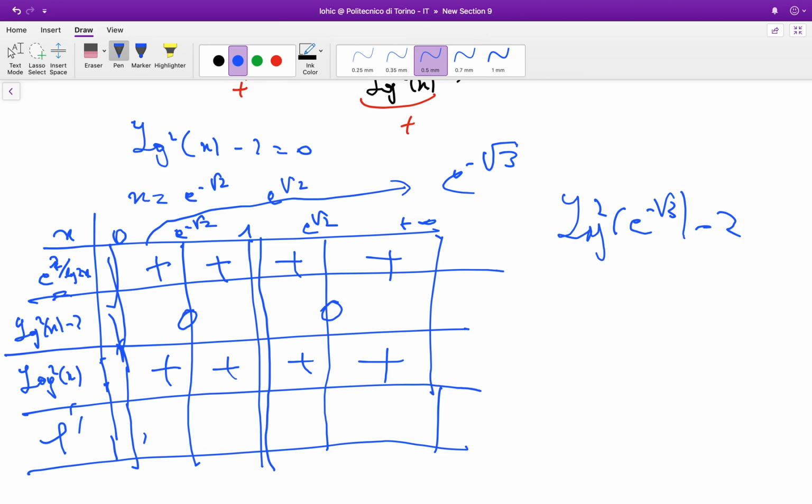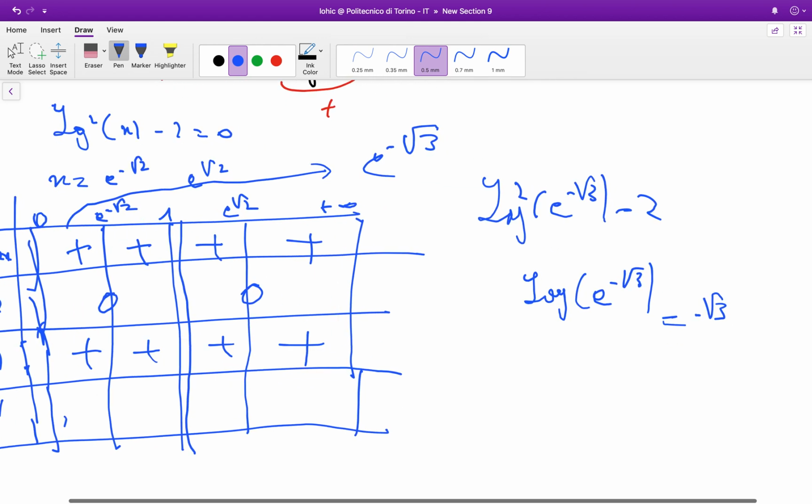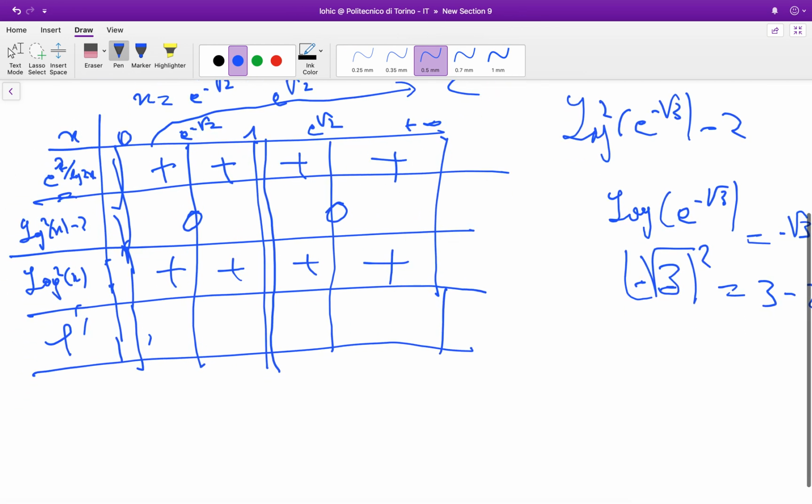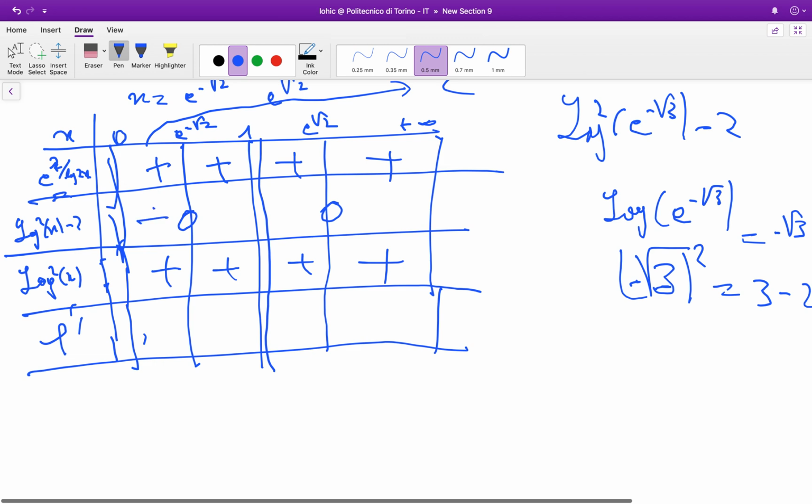When you do log of exponential of minus root 3, this gives you minus root 3, and you have the square here, so it will give you 3, because minus root 3 squared gives 3. Doubts? And you will do 3 minus 2, it gives 1, which is a positive number, right? So here it will be positive. Here it will be negative, also here it will be negative, and then it will be positive.